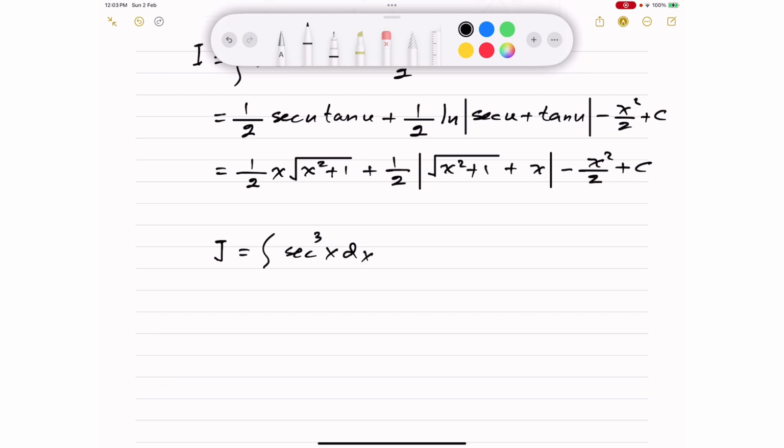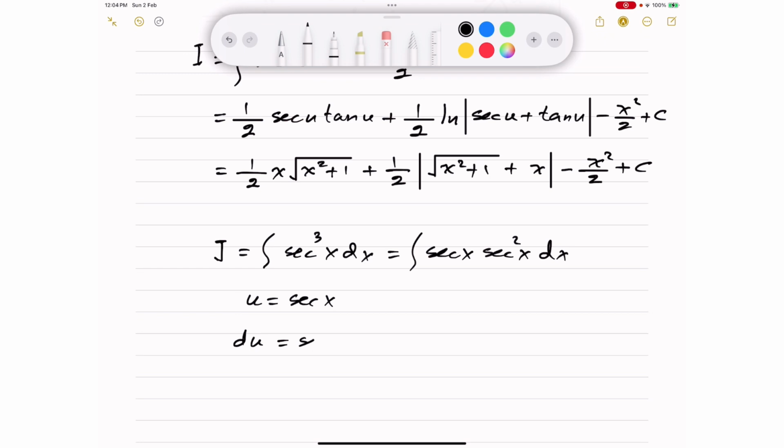So what I'm going to do here is let u equal secant of x. Basically, we're going to look at this as secant of x times secant squared of x dx. So that's how we're going to split it. Then we let u equal secant of x and differentiate that.